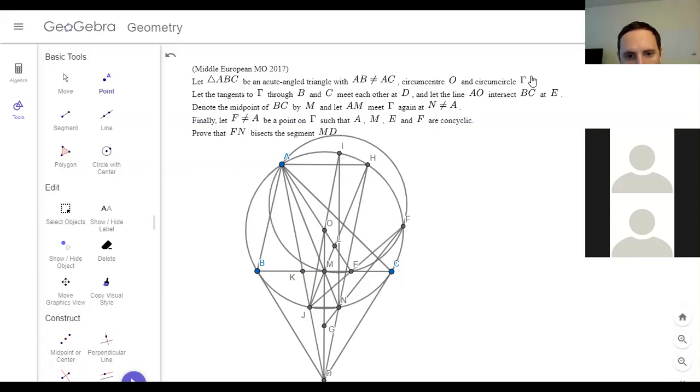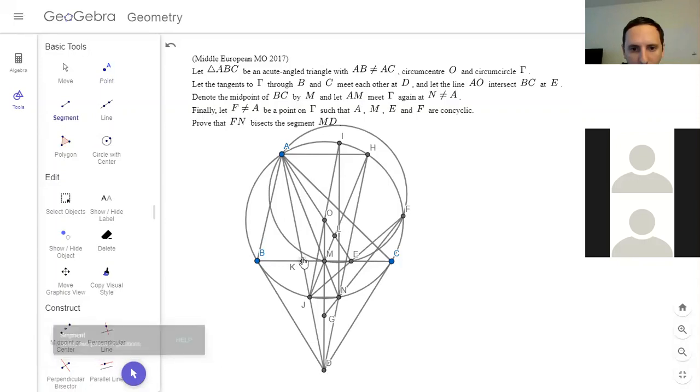So I wonder if it's just, so showing A, O, L, and E are in harmonic conjugation, I think it's the same as showing KL. I wonder if KL is concurrent. I think it is, yeah. It's the same as showing that KL, AM, and OJ are concurrent.